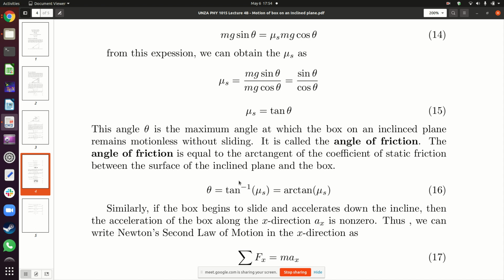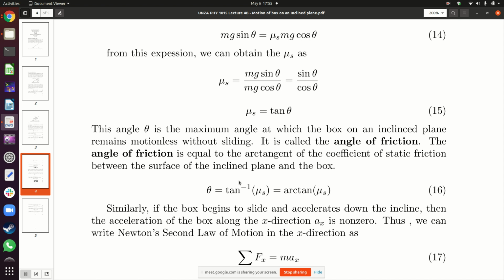So let's say you're on a flat surface, and you are pulling something with a known force, but you make sure that this particular object is moving at constant velocity. If the object is moving at constant velocity, then your pulling force is going to be equal to the friction force. Are we clear?